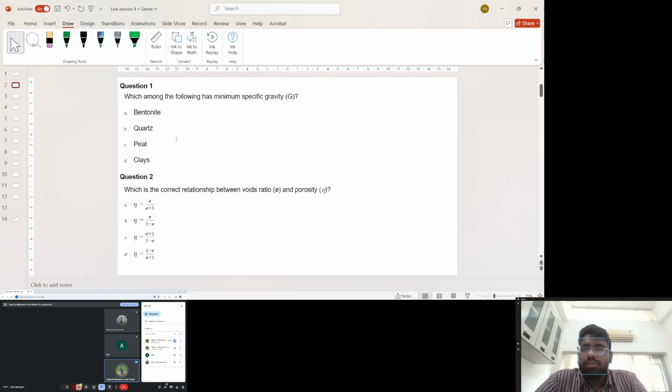Okay. So when we consider the other options, bentonite's specific gravity ranges from 2.4, and quartz ideally its specific gravity is 2.65, and as far as clays are considered, the typical value is 2.7 to 2.8.